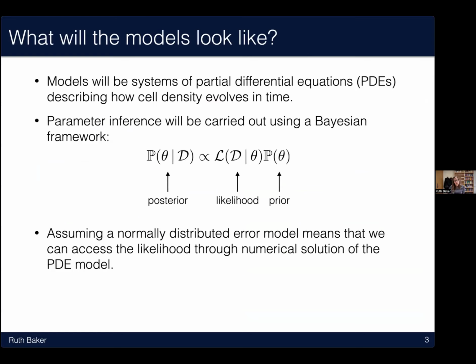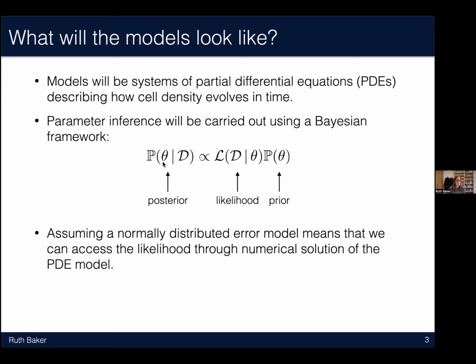I'm interested oftentimes in parameter inference using the data that I've got and these models that I develop, and that's mostly going to be in the context of a Bayesian framework. So I'm interested in understanding whether we can estimate the posterior of model parameters theta.